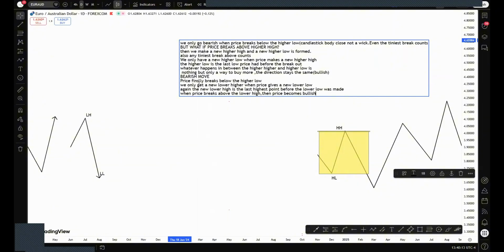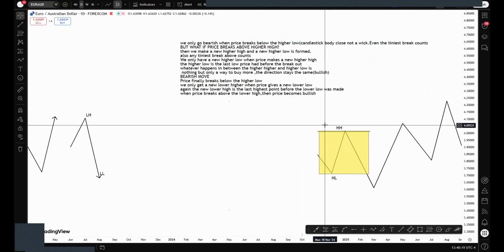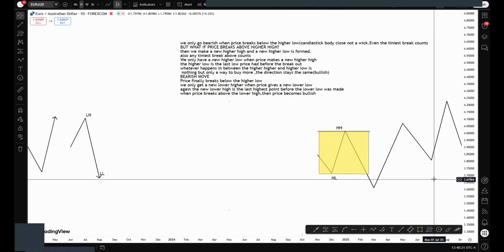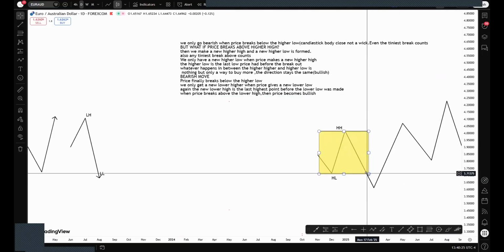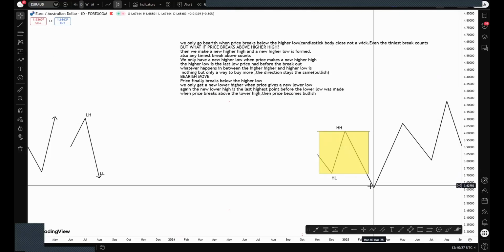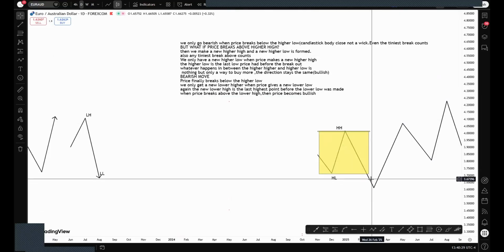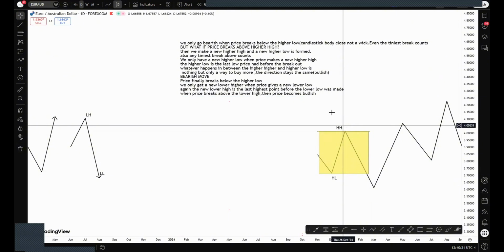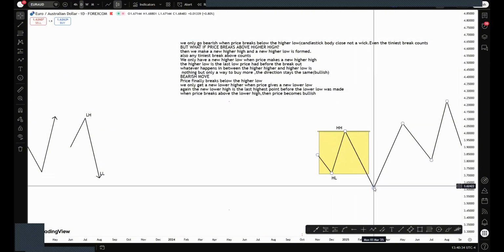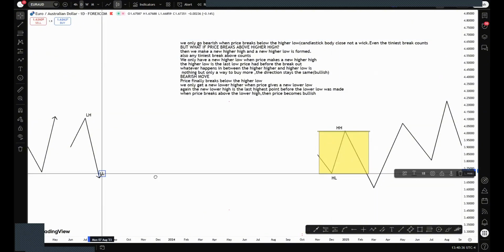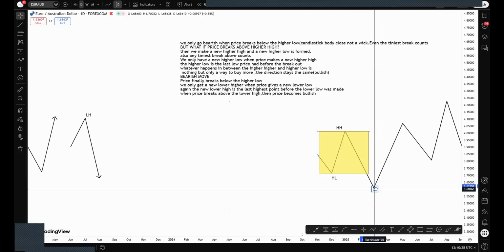Just add some of the spelling, please, just finish them out for yourself. Yeah, so we'll only be bearish once price breaks below this level. And that's what we did. So we see price gives us this break. When price gives us this break, it makes a new lower low. So this becomes our new lower low, right?